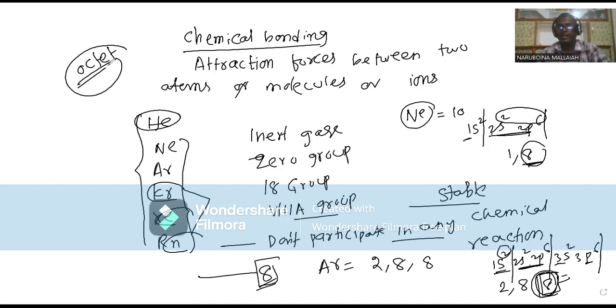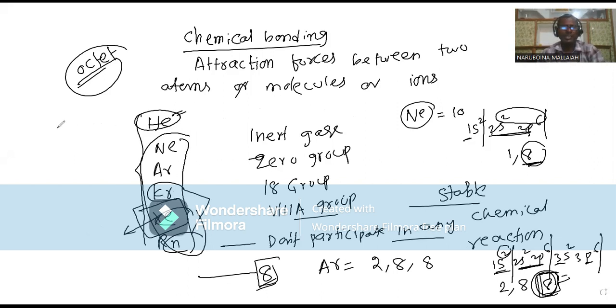By getting the octet configuration, they will become stable. So for stability, atoms participate in chemical bonding. I hope you understood. Out of neon, argon, krypton, xenon, remember this is an exception: xenon forms compounds.